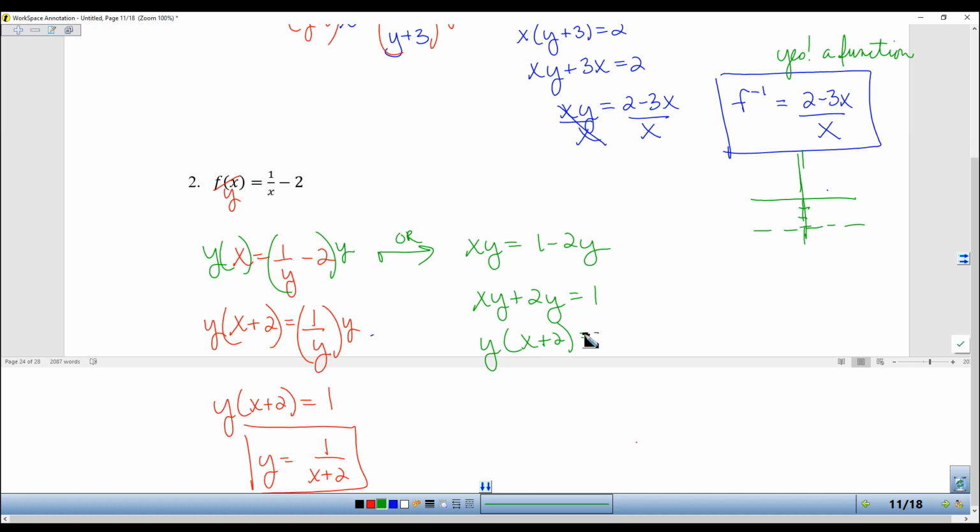This is a skill we'll need a lot in the future, so I don't mind showing it to you now, even though it's a little harder. But notice you get the same answer either way. But this concept here, what happened was it created two y's, and sometimes people get really stuck there. So in this case, clearing the fraction on the second step is a little bit easier.